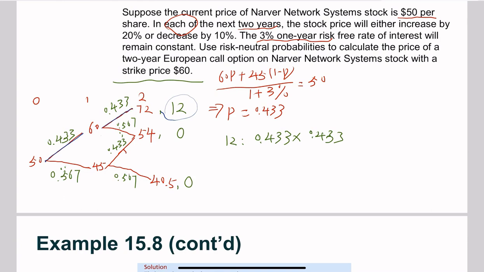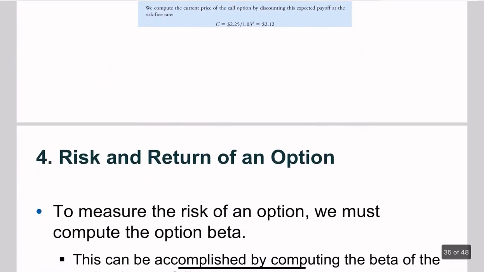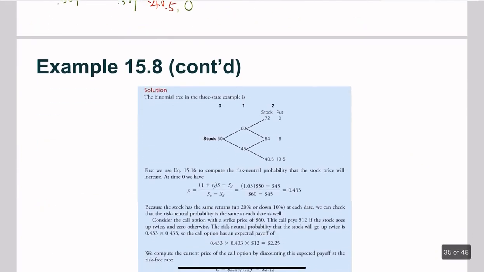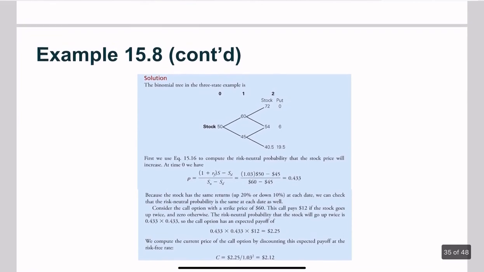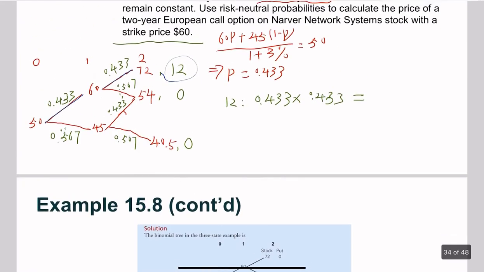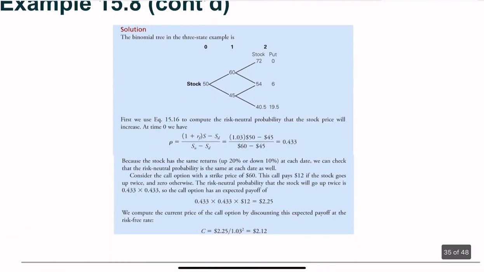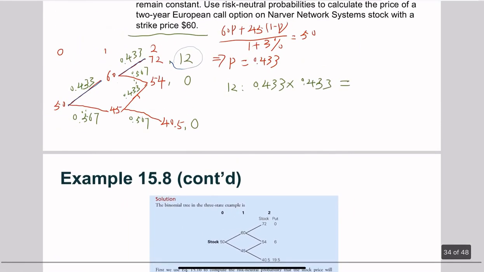So the probability for this path is 0.433 times 0.433. Maybe first let me find out what's the value for this. Okay, we don't have a value in this lecture note. Maybe let me use my calculator.